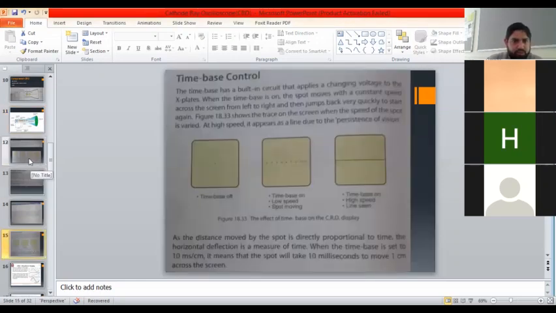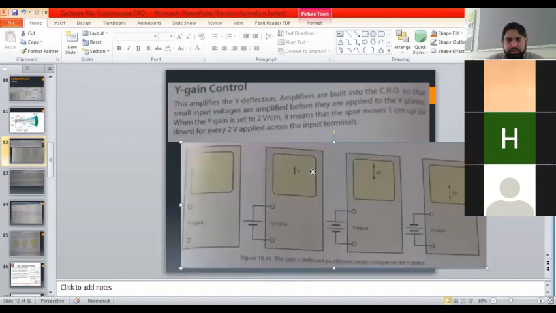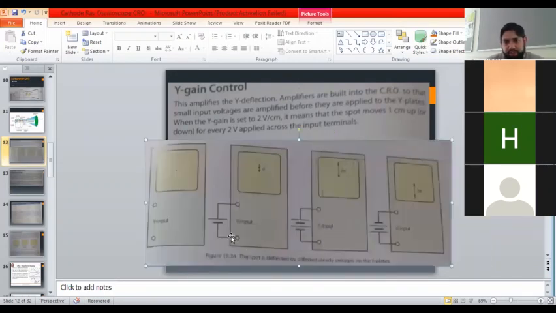So yeah. What happens here? Nothing is applied to the Y plates, so we can see a dot at the center. But if we have a cell connected to the Y terminals, that dot has moved up.